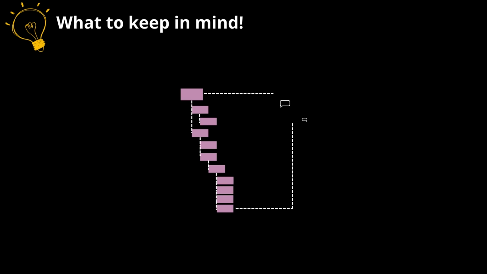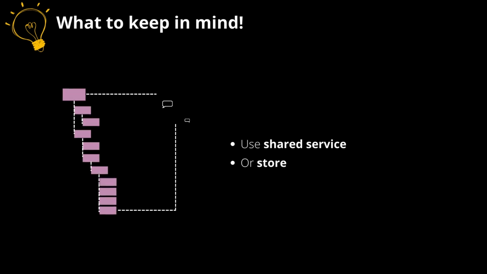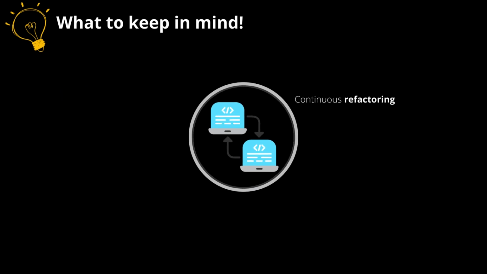So, other ways exist to prevent this, such as using shared services or a store to communicate between components. As the app grows, the code grows too, and continuous refactoring is essential. This is easy thanks to the Angular CLI tool, and that's what we'll see in the next episode.